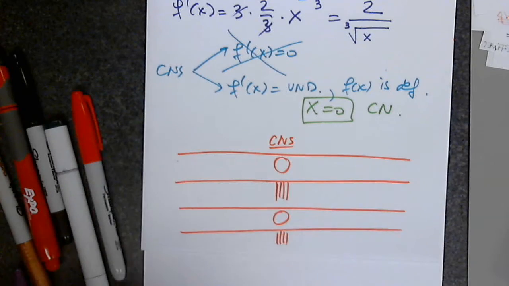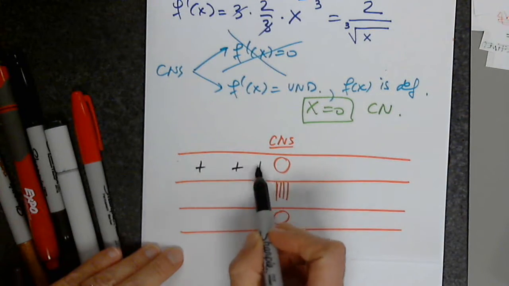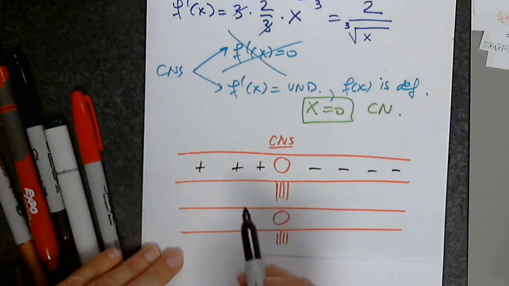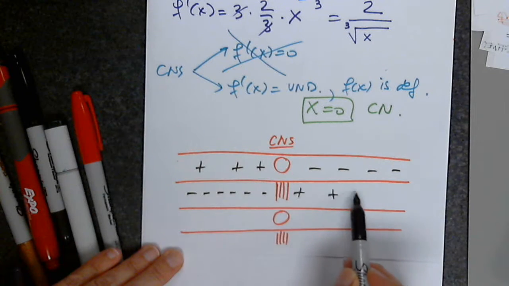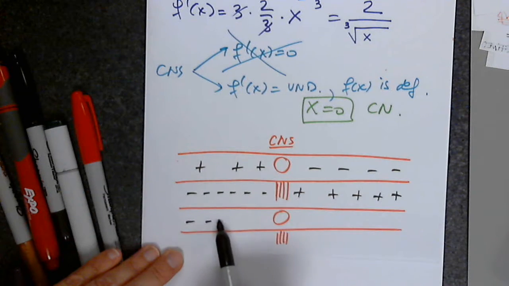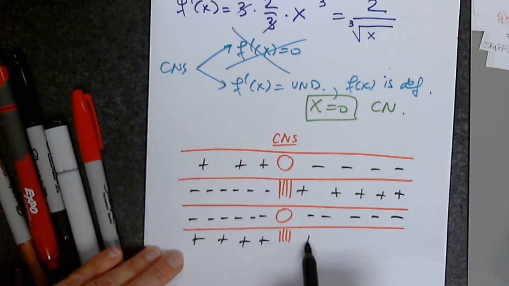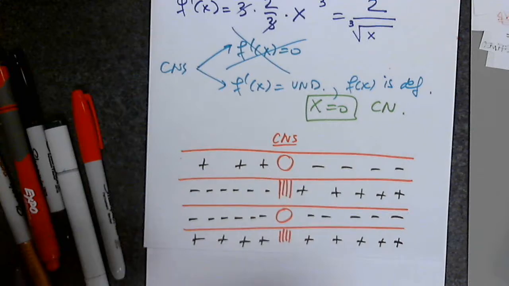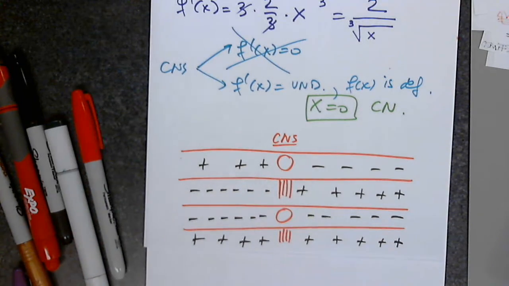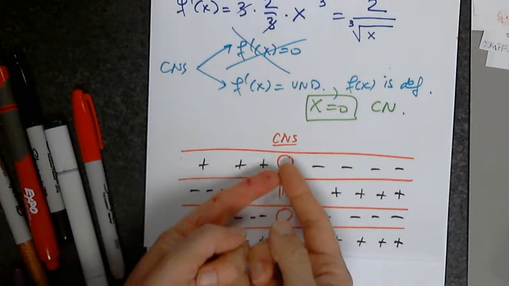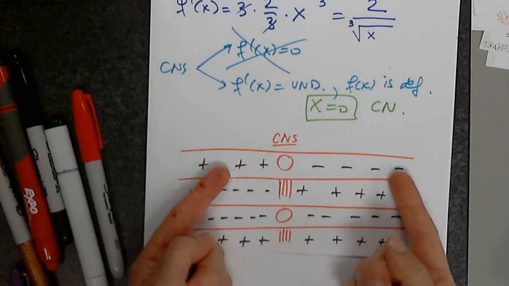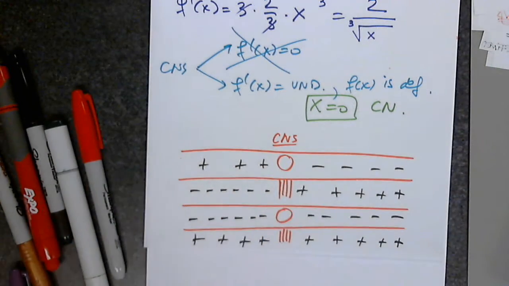So let's say I have this situation. And let's say I have this situation. So this is the sign of the derivative. Imagine this is a critical number right here, whatever, x equals 5.